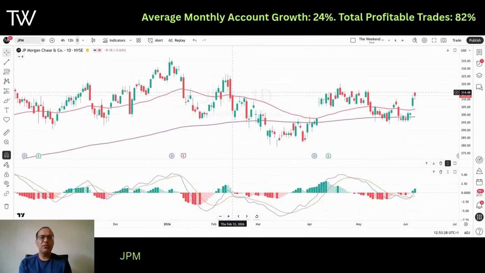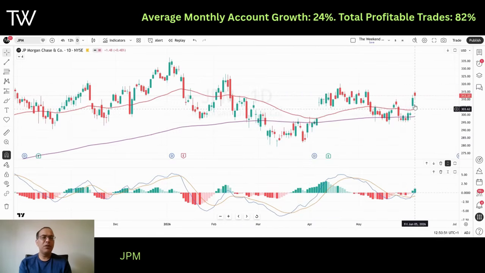JP Morgan, it's made a couple of higher highs finally, and higher lows. So this is definitely a higher low, and this can make a case for a double bottom. This high was definitely higher than whatever highs it was forming there.